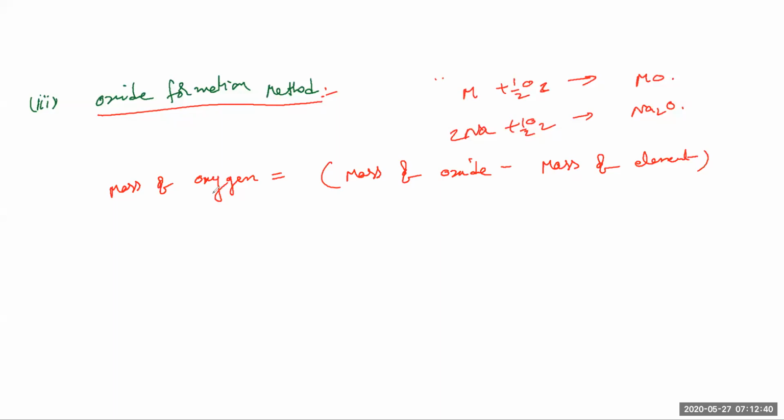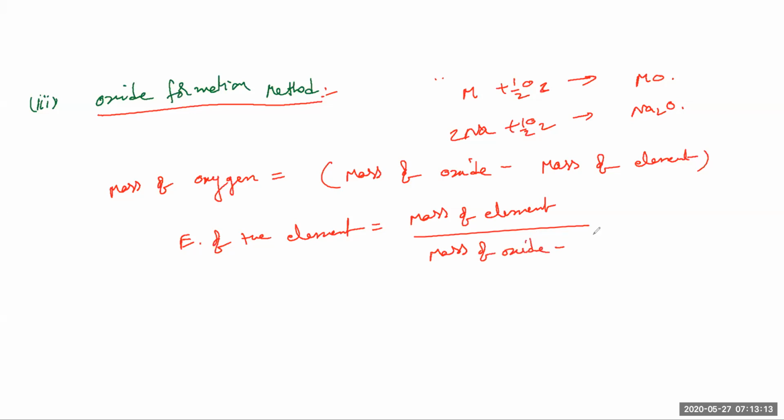Then the equivalent mass of the element is equal to the mass of the element divided by the mass of oxide minus mass of element, into 8. 8 means the equivalent mass of oxygen.